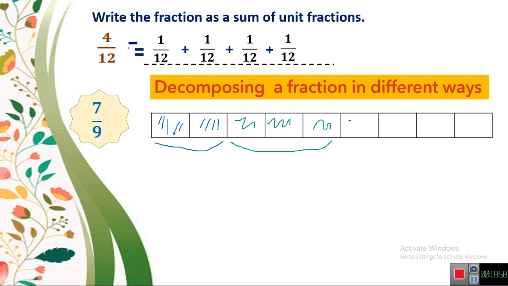So I could shade 1 and 2. So that gives me in all 7 parts. Now here my fraction would be 2/9. Correct. How can we write this as an equation? 7/9 equals 2/9 plus 3/9 plus 2/9.